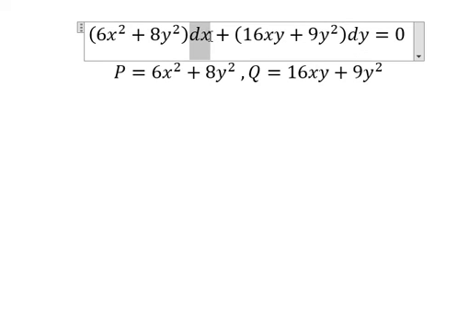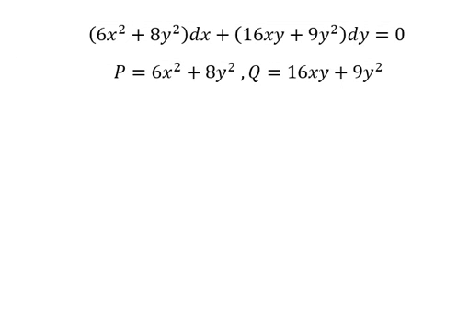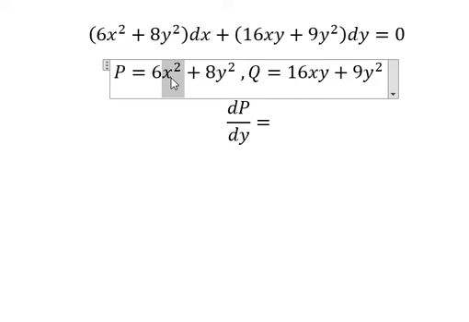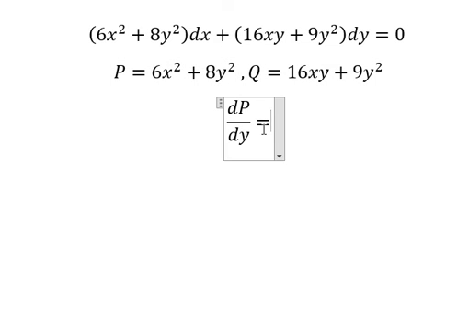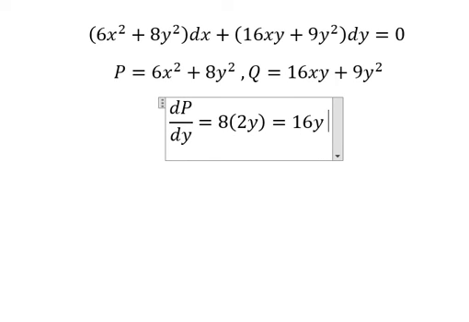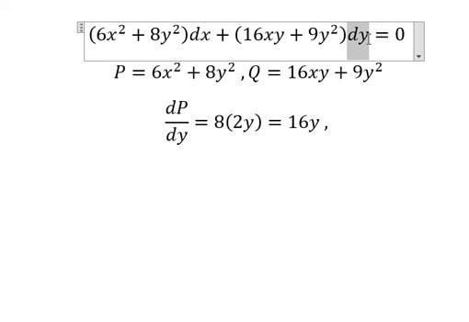So we have dx. That means we need to do first the derivative of b with respect to y. For this one we don't have y, so you got 0. This one we have 2y and we have 16y. So we have dy.